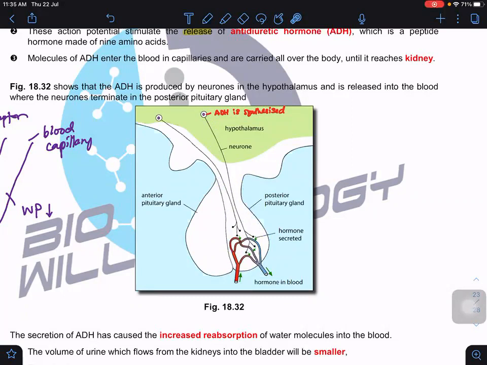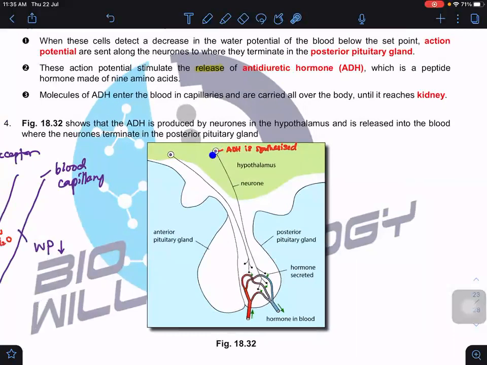So when the osmoreceptor detects a decrease in the water potential, action potentials will be transmitted all the way from the hypothalamus into the posterior pituitary gland until the end, and trigger the release of ADH into the blood capillary.